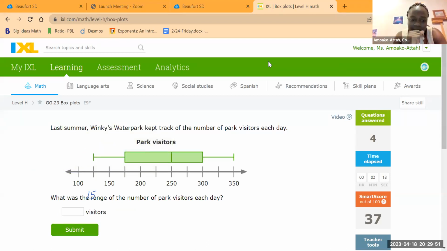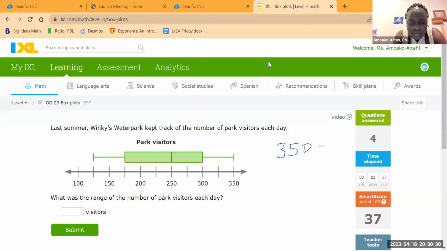Okay, so let's see this two. What was the range? When you say range, range means the difference between the highest number and the lowest number, right? So over here, what is the highest number? We have the highest number to be 350 and the lowest number, what do you think would be the lowest number? Looking at this one, we have 100, 150 over here. So I think they are in 25s, right?